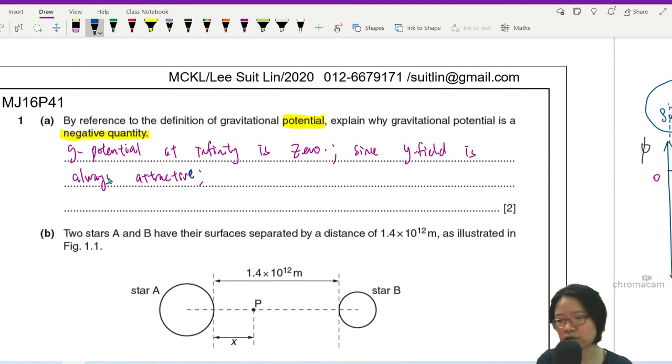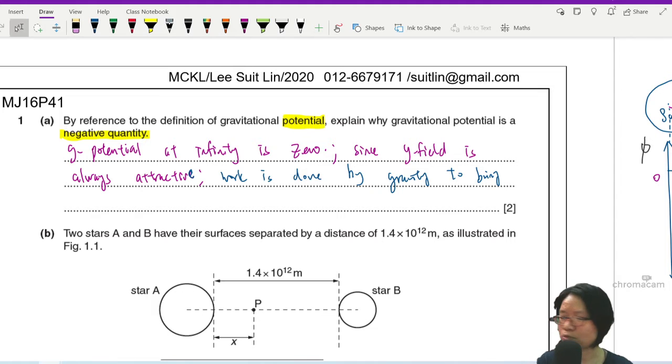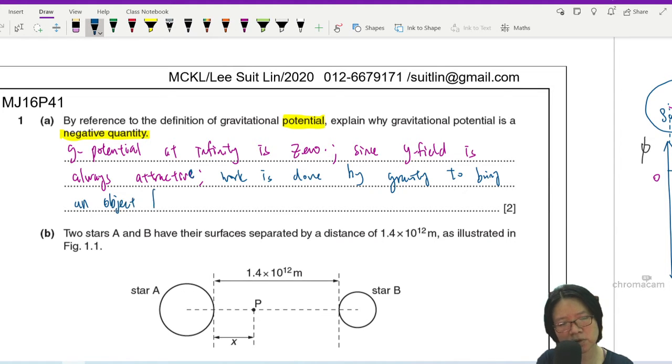Since gravitational field is always attractive, work is done by gravity to bring an object from infinity. Hence, gravitational potential is negative.